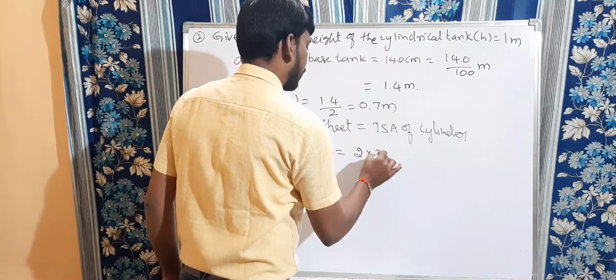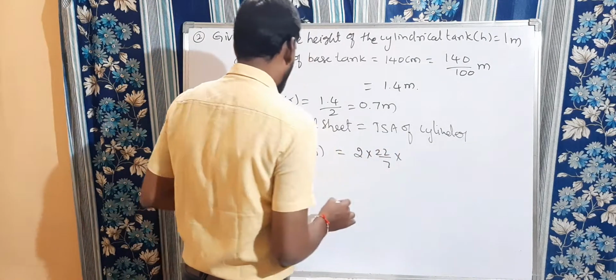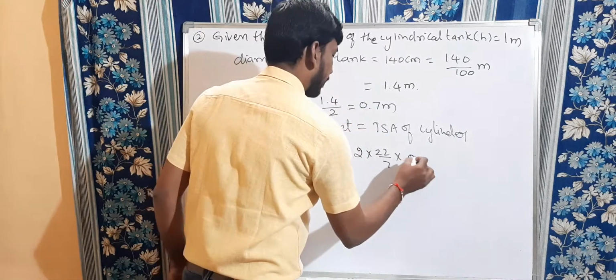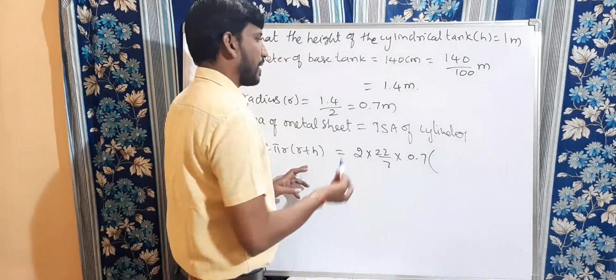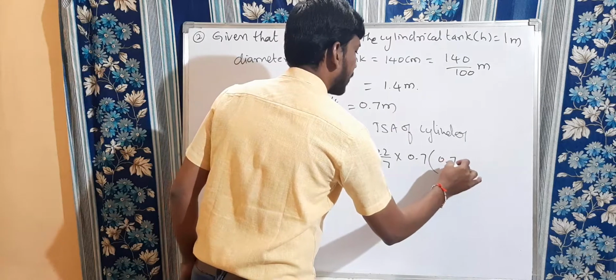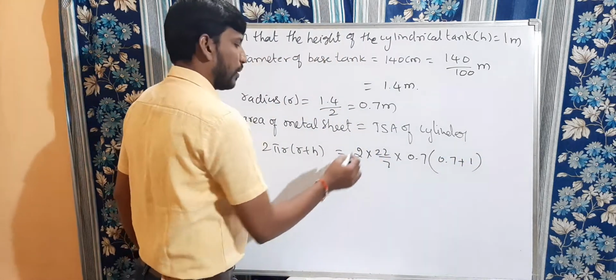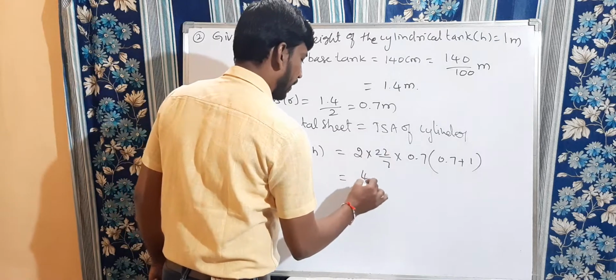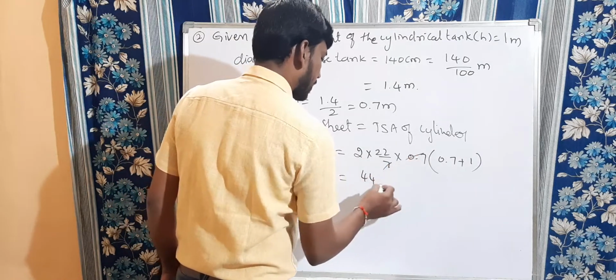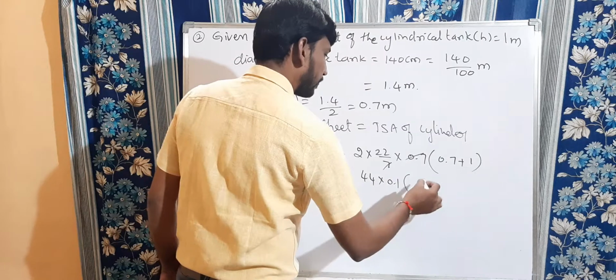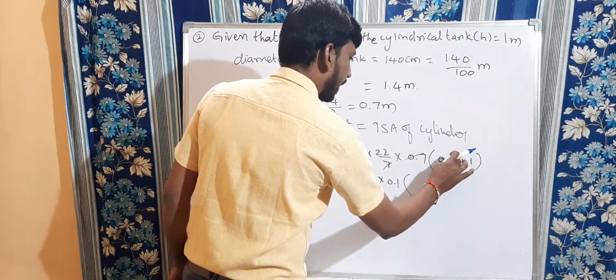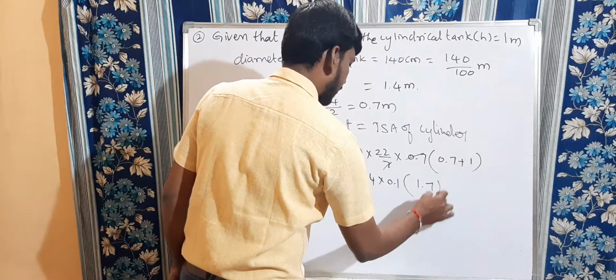2 into 22 by 7 into r value, which is 0.7, into r plus h, that is 0.7 plus 1. Now, 2 into 22 is 44. By cancellation this is 0.1. By adding 1 plus 0.7 is 1.7.